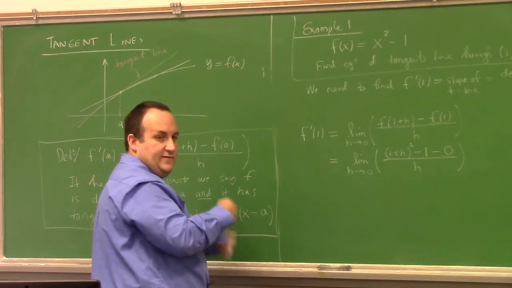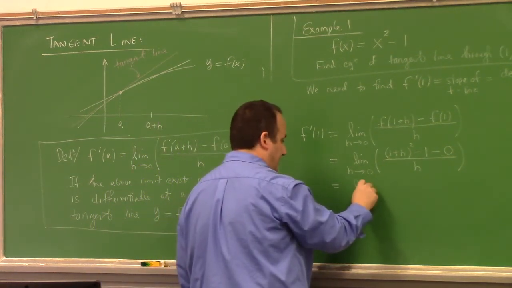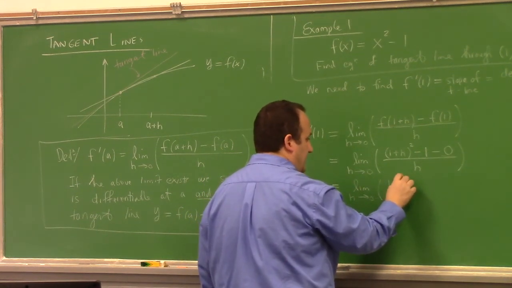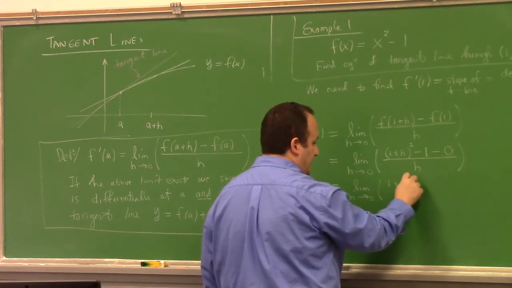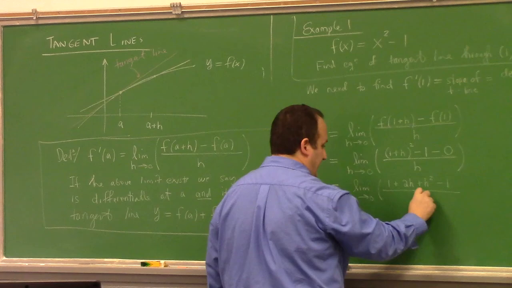Now I have to work it out. What do we got? Well, 1 plus 2h plus h squared minus 1 divided by h.